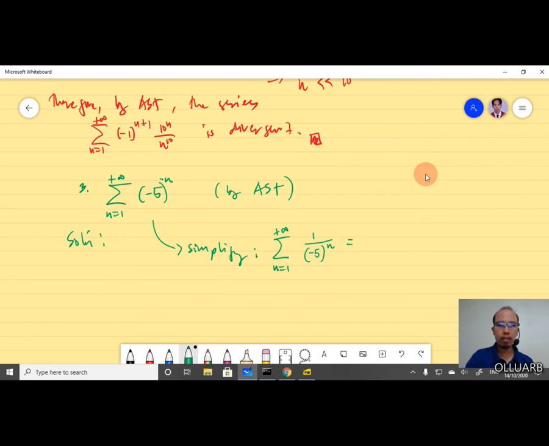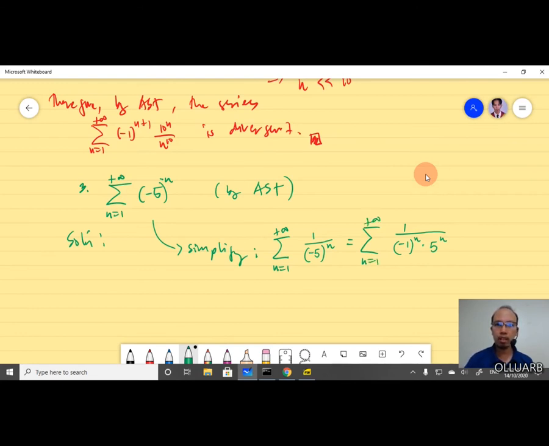However, if you further simplify the denominator, you will have negative 1 raised to the power of n times 5 to the n, n starts from 1 to positive infinity.